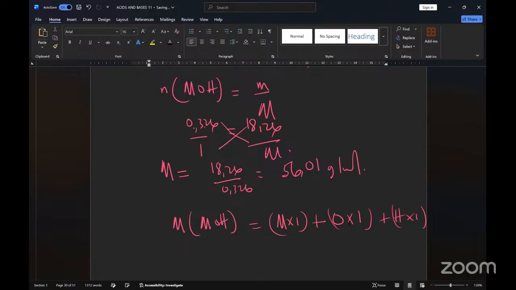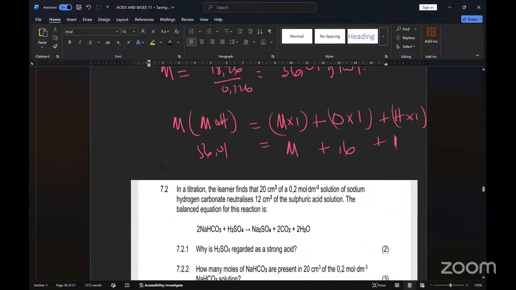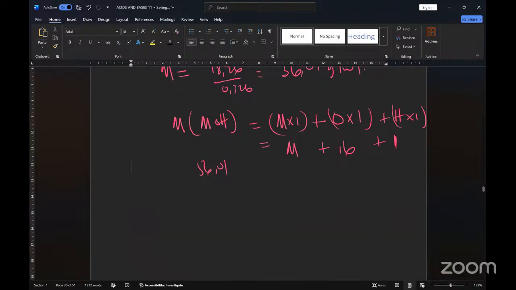So this one is our 56.01. The M times 1 is M, plus oxygen is 16 times 1 is 16, plus hydrogen is 1 times 1 is 1. Okay, so here you are going to have, let me move this one backwards.